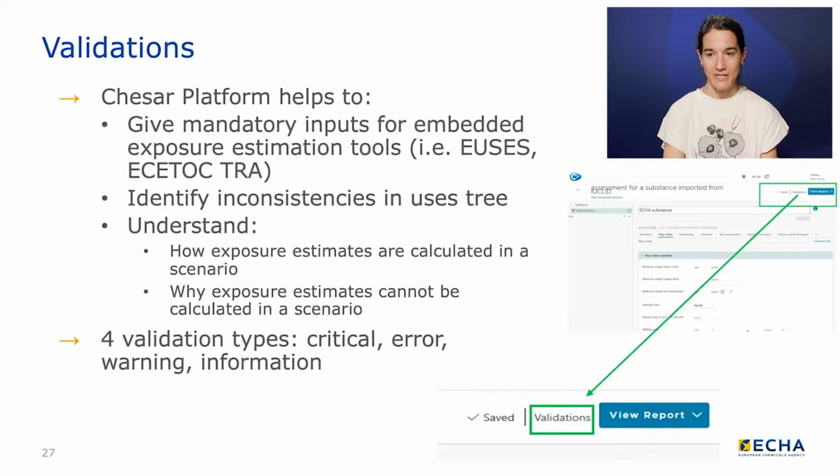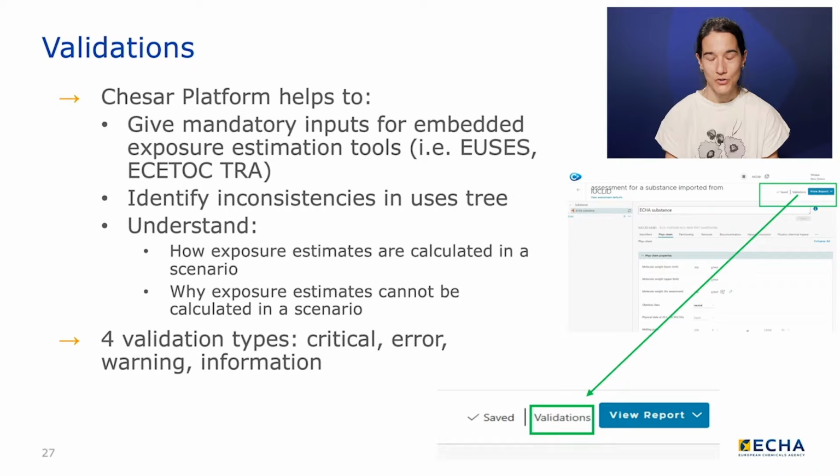By accessing the validation panel, Chesar Platform will help you to identify the inputs that are needed for the embedded exposure estimation tools it uses for environmental assessments and at.TRA for worker and consumer assessments.